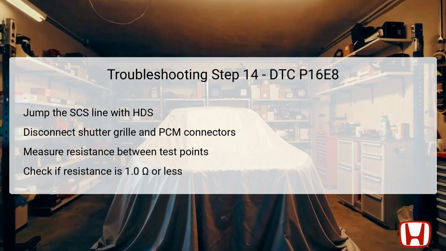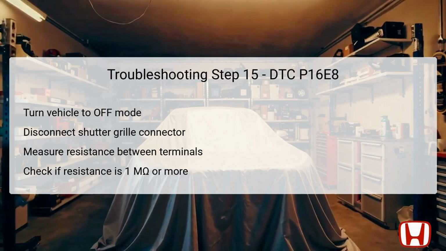If the resistance is measured at 1.0 ohms or less, this indicates that the LIN communication wire is functioning properly. Alternatively, if this standard is not achieved, it points to a need for repairs in the wiring linking the shutter grille and PCM.